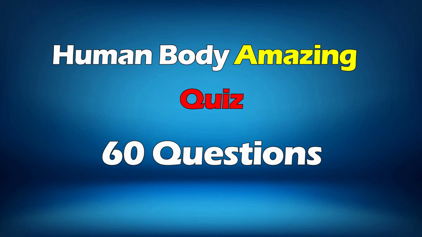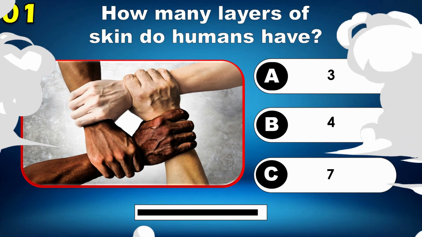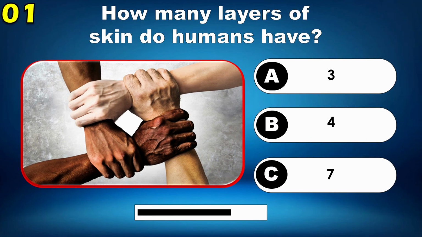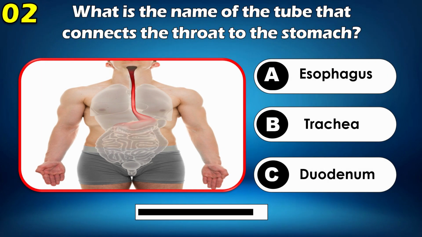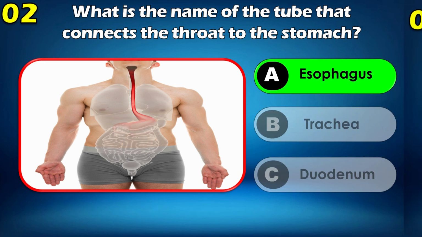Human body amazing quiz. 60 questions. How many layers of skin do humans have? Three. What is the name of the tube that connects the throat to the stomach? Esophagus.